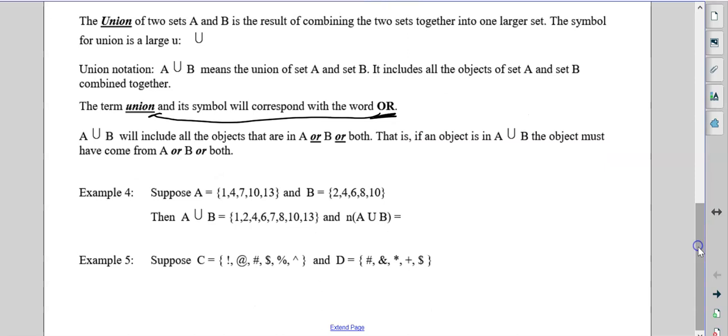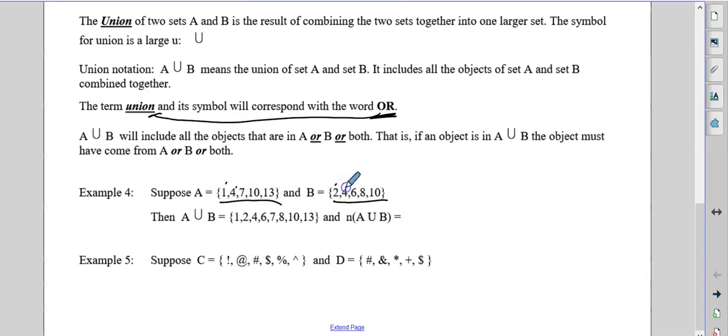So suppose that set A is these numbers right here, 1, 4, 7, 10, 13. And set B is 2, 4, 6, 8, 10. Well, the union of A and B, and I say A and B, even though we're talking about or, it's the union of the two, is the 1, the 2, the 4.